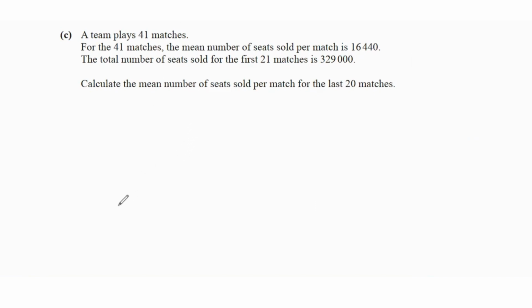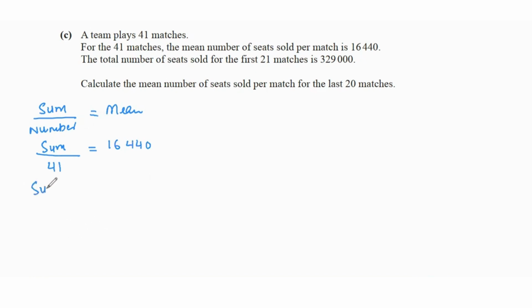So first, let's find the sum of seats for the 41 matches. The sum over the number of events is equal to the mean. So we have 41 matches, so sum divided by 41 equals 16,440.